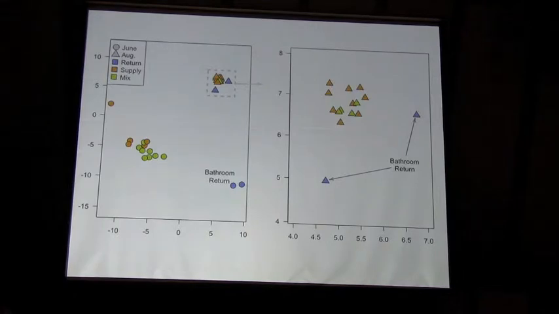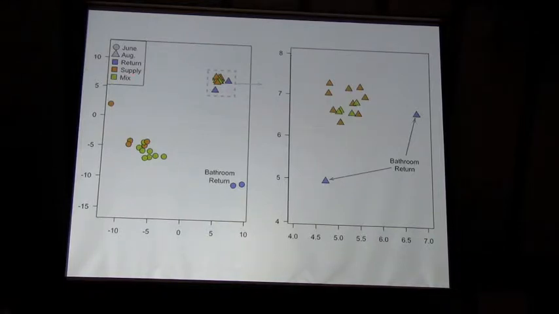And so to pull those apart, the same pattern jumps out in that these blue points, which are return air, those are the only filters that saw air that was exclusively coming from a human-occupied space. And bathrooms, arguably the most human-occupied, most trafficked, smallest spaces, right? And so these carry a pretty distinct microbial community than other pieces of air that are coming from return or from supply and a mix of return and supply.